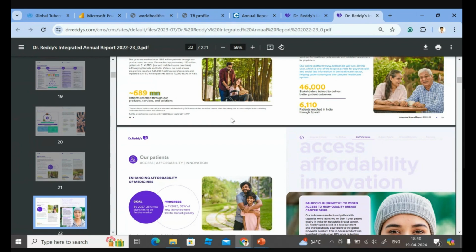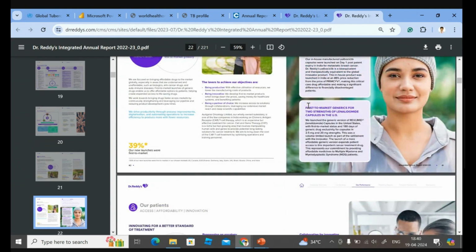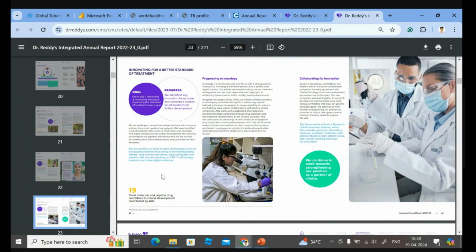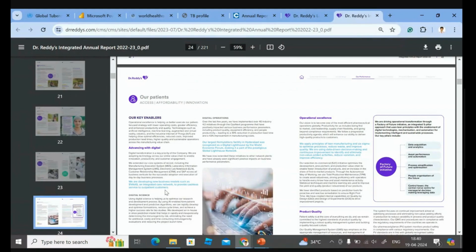And they have this program called Sparsh, enhancing affordability of the medicine. So 39% of the new launches were first to market. So every year they have this. 19 small molecules that they have there. Nice one.